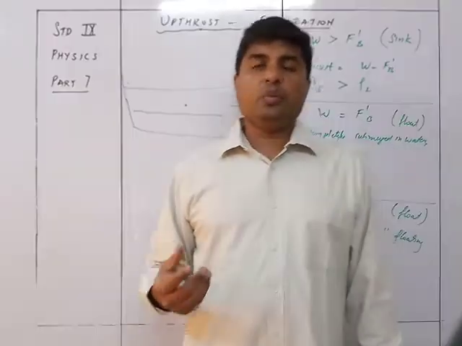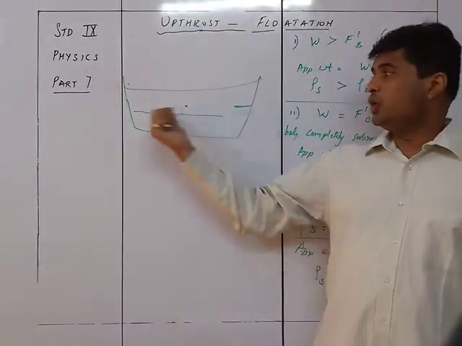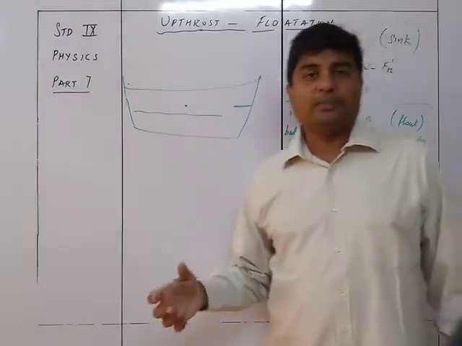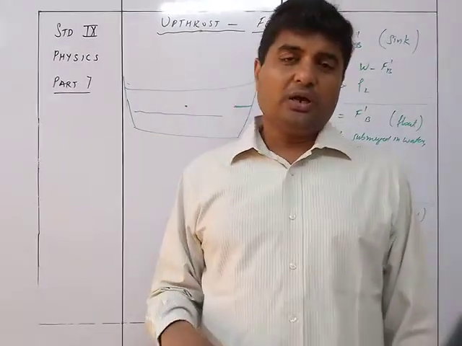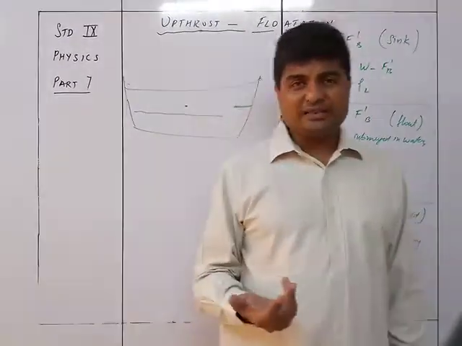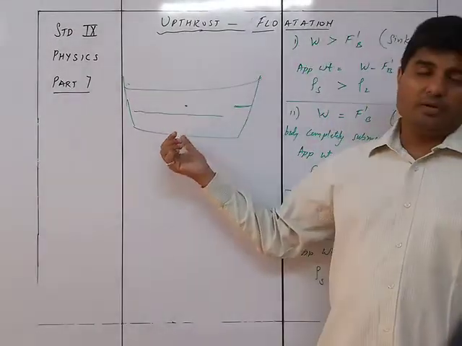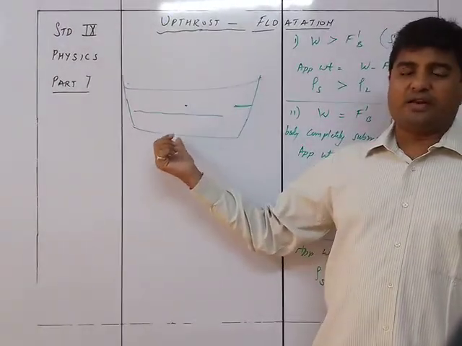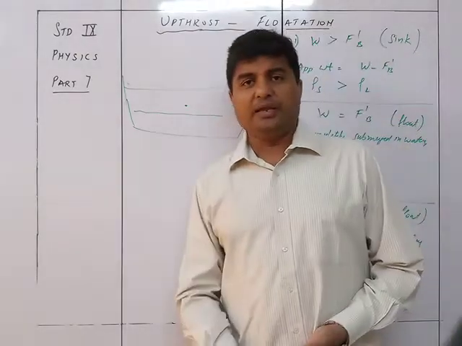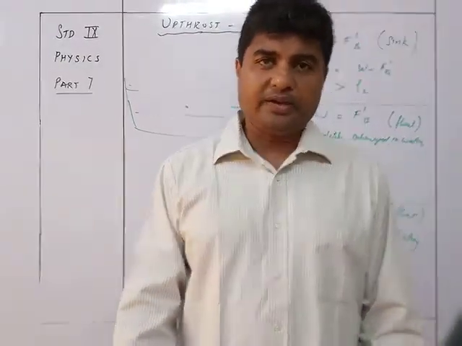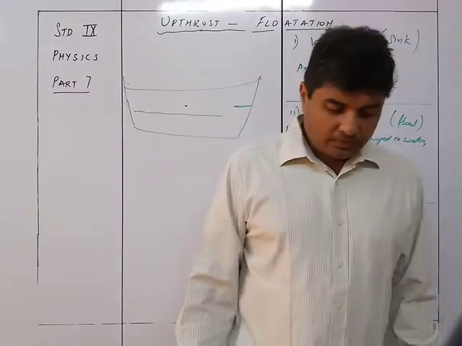So what they do is fill the lower part of this particular ship with sand or stones, which are called ballast, which will increase the weight over here and lower the center of gravity, and hence keep the equilibrium of the ship inside water.